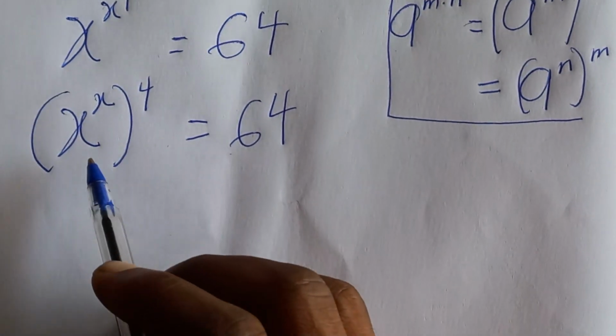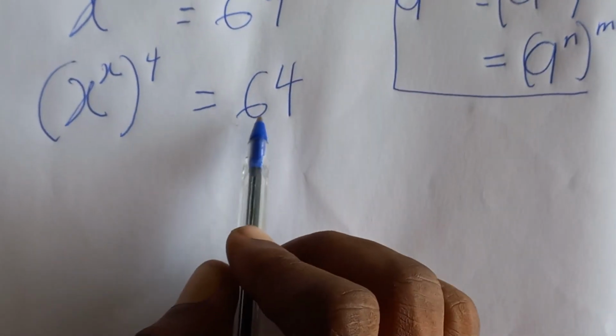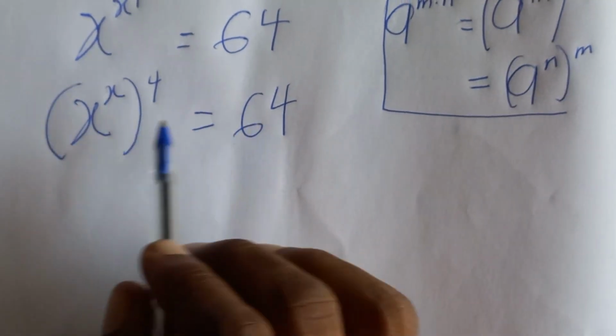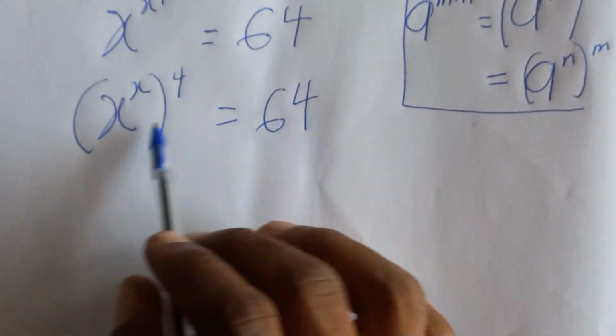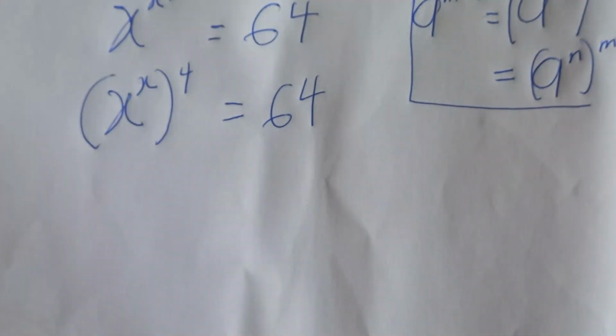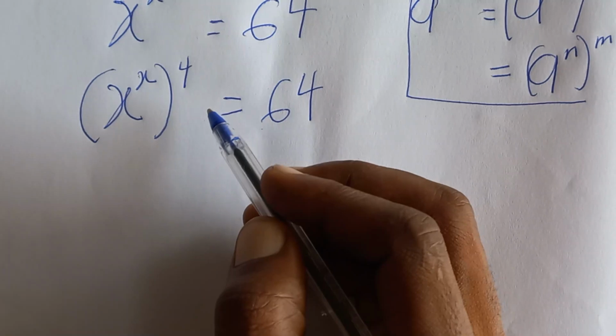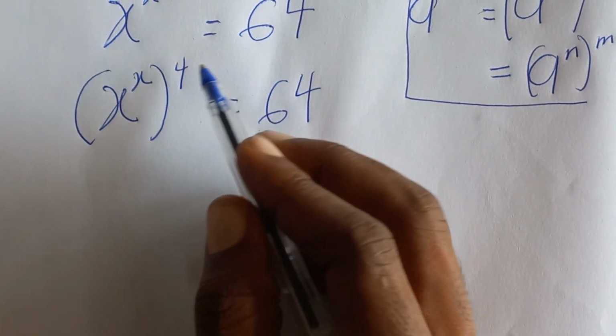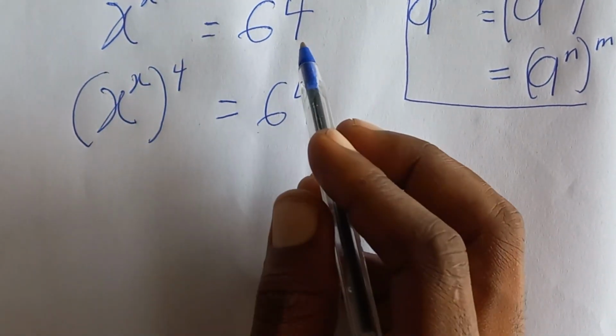One thing we must know is that we need to express these two sides to look the same. So we can introduce an exponent 4 to both sides again.